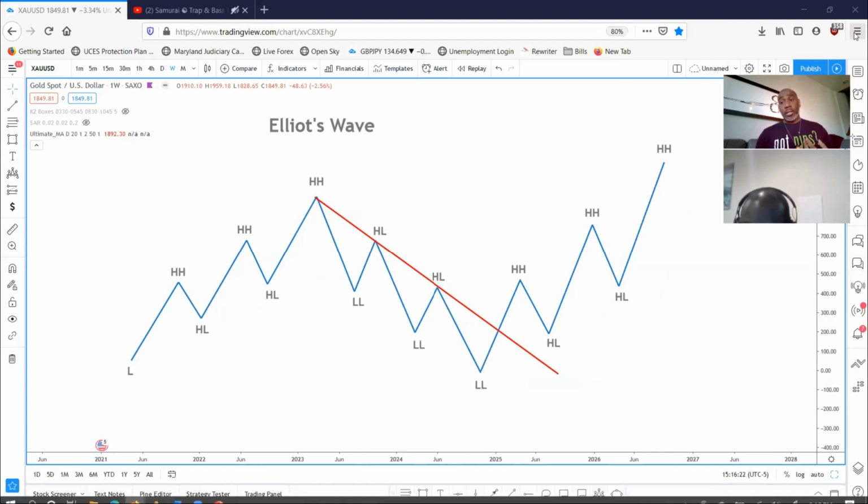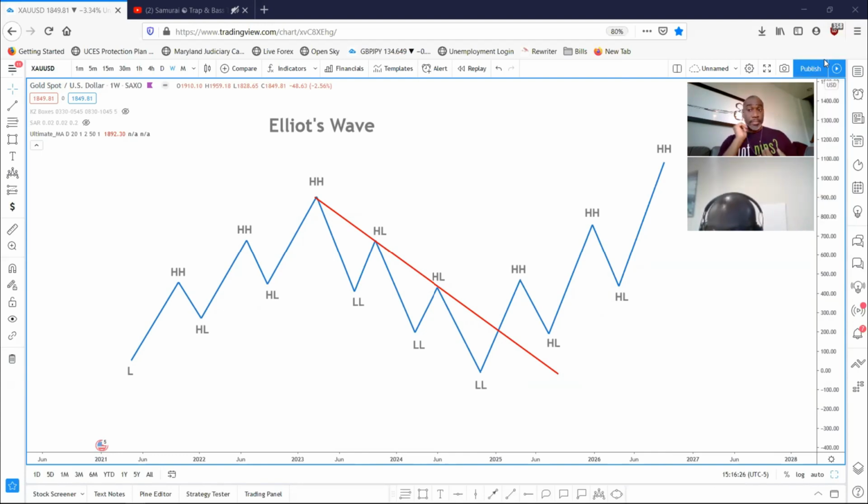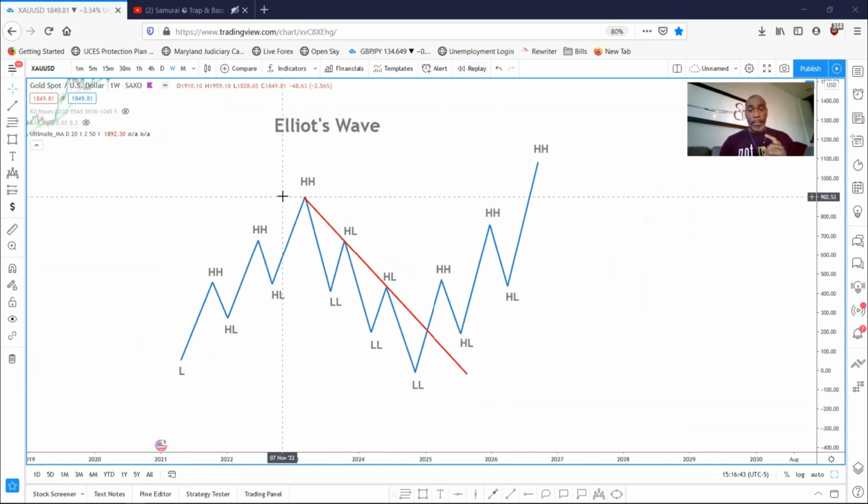All right. Now I'm thinking that it's probably going to go up to somewhere close to about 2,600. Now, this is just based off of my analysis. I've been working with other traders to make sure that my analysis is on point. But this is what I want to show you. Okay.